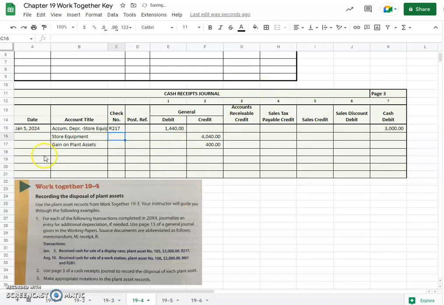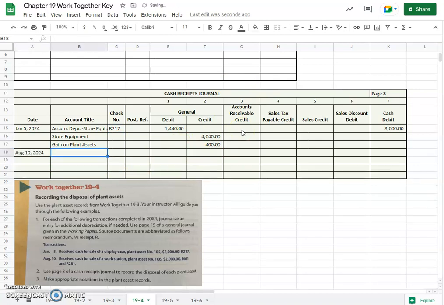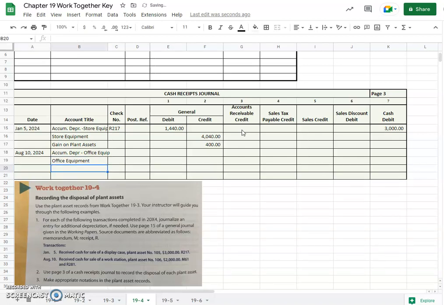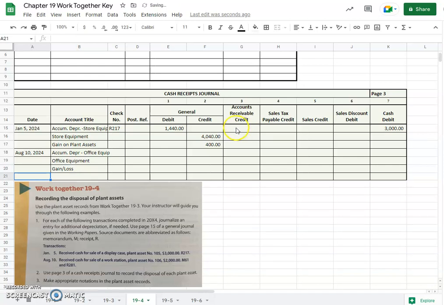Cool. Our next one will be on August 10th. And again, we'll have accumulated depreciation, and this one's for office equipment. And we will have office equipment, and we're either going to have a gain or a loss again, right? We'll have to think through what that's going to be.